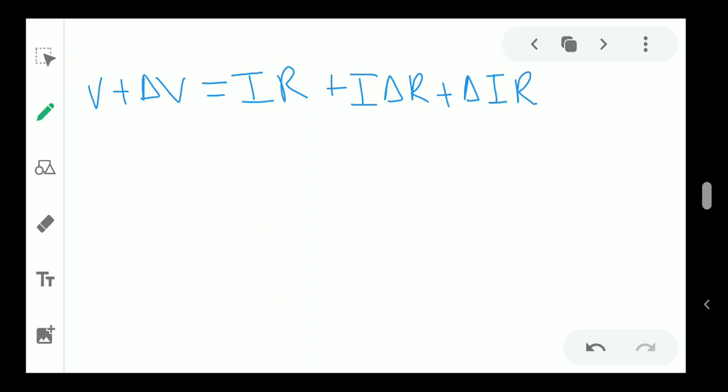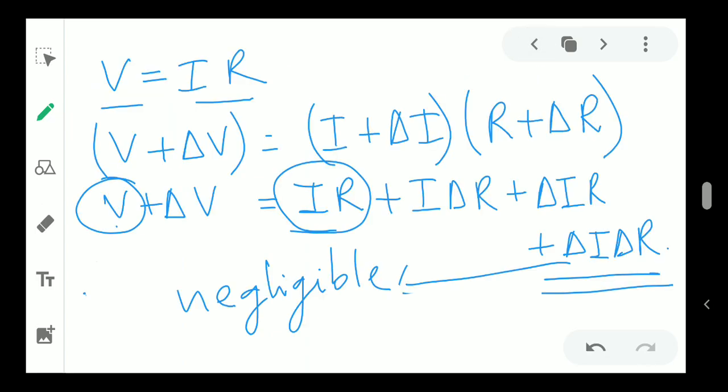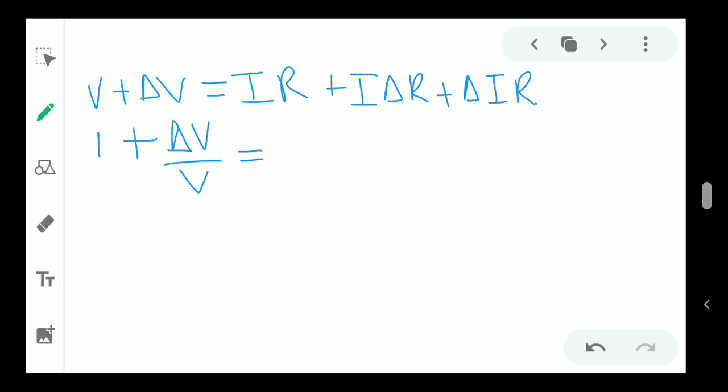Now I will divide both sides by V. So I will get 1 plus delta V by V equal to, again 1, because IR is equal to V, right? V equal to IR. So IR by V is 1, plus I delta R by V, and plus delta I R by V.